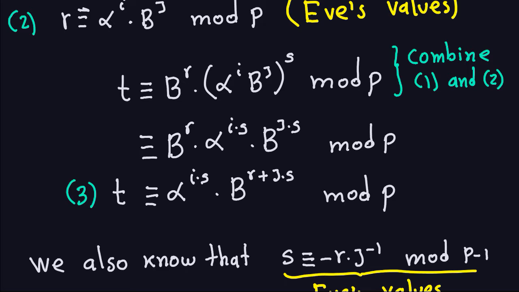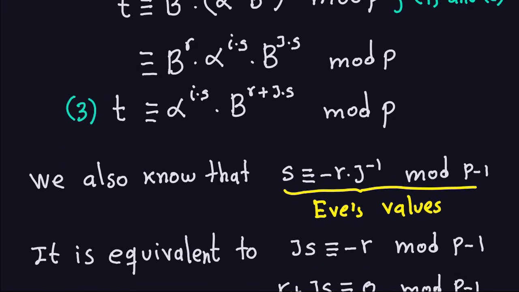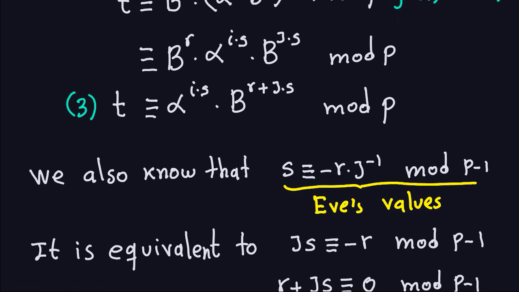Now, this is also something that we know: that s is congruent to minus r times the inverse of j modulo p minus 1. This is also something we know because that's how Eve chose her values for the signature. That's the part that she did. Now, I'm going to use equation 3 later, but let's unravel what this actually means.